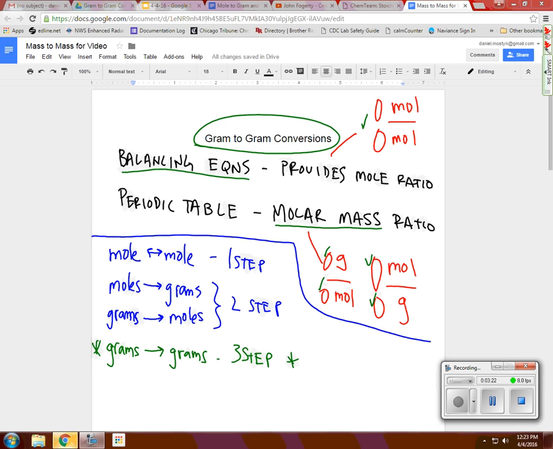We always use the same method, the bridge method. So don't be concerned about this too much. I'm going to show you how to do two gram to gram problems, and then you'll be on your way to trying the WebAssign and also some of these problems tomorrow.